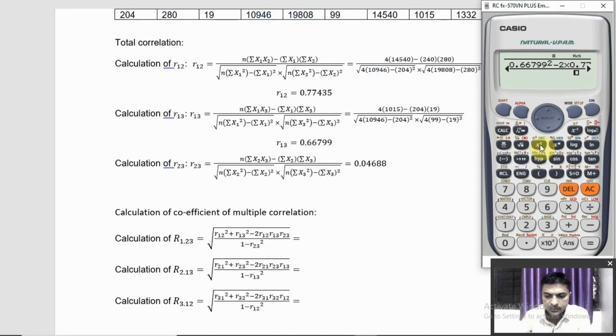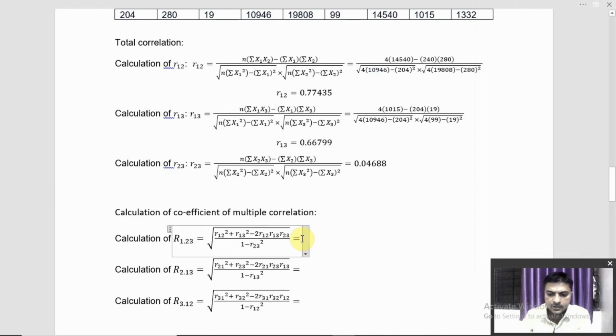Then divided by 1 minus R23 square. R23 is 0.04688 square. Is it clear, students? So I have typed exactly these values. Just press equal to. So you get 0.9997 as the answer, students.